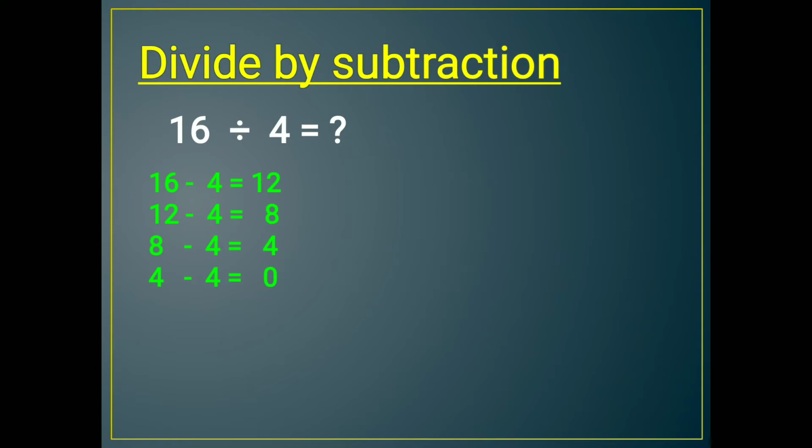Now at last we will subtract 4 from 4, we get 0. Here you have to remember we have to do subtraction until we get 0. And after that we will count how many times we have subtracted 4 to get 0. So count them with me.